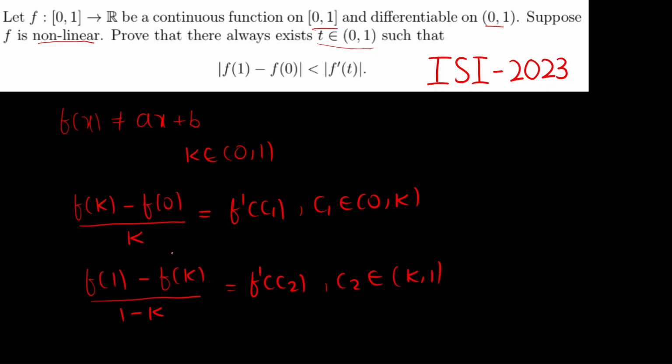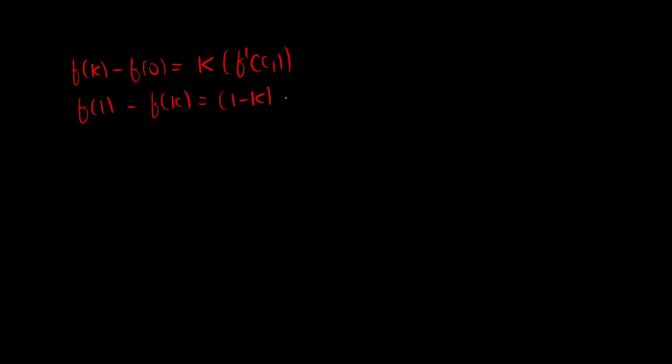Now what I'll do is, I'll send this k to the other side and this 1 minus k term to the other side. And I'll get that f of k minus f of 0 is equal to k times f dash of c1, and f of 1 minus f of k is equal to 1 minus k times f dash of c2.